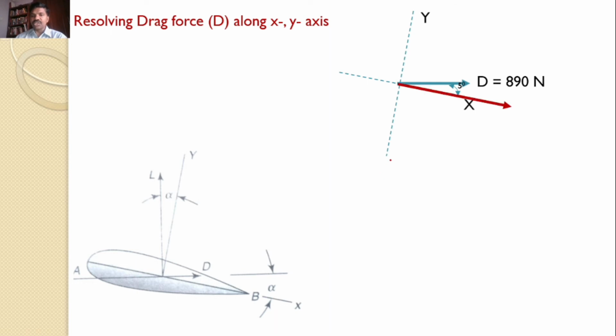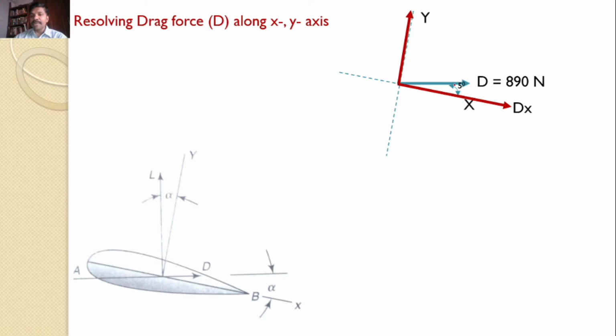So what is the direction of the component of force along the x-axis? This is the direction of the force along the x-axis, divergent, that is Dx. And similarly Dy, the component of force along the y-axis, is also divergent, so it acts like this. And what about the magnitude?